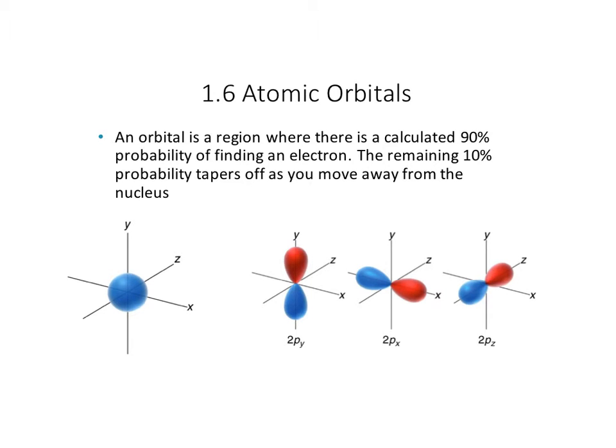As you've learned before, orbitals really describe where electrons can be found surrounding an atom, and eventually, as we talk about molecular orbitals, where the electrons can be found in molecules. And we're showing here the good old s orbital and then the three different p orbitals, the px, the py, and the pz.